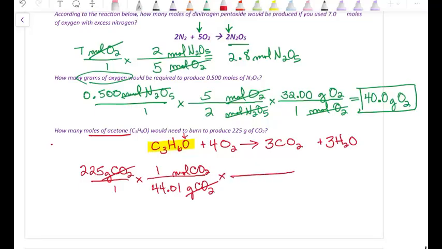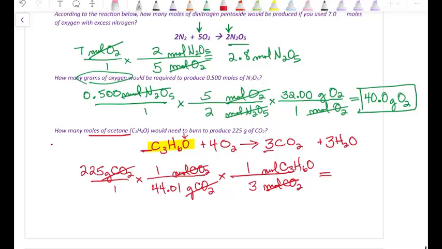And now I want to get rid of moles of CO2 and take that to moles of acetone, C3H6O. And our balanced equation shows us that there should be a 1 in front of moles of acetone and a 3 in front of moles of CO2.